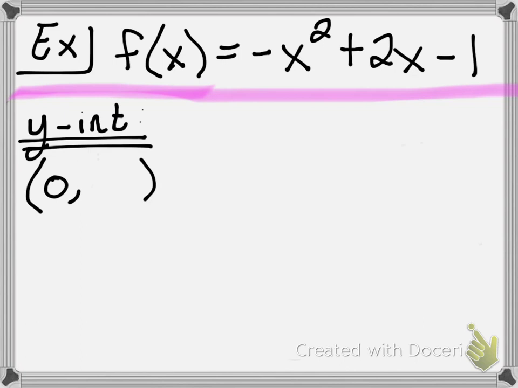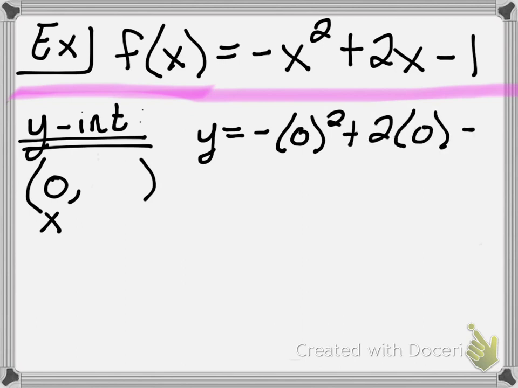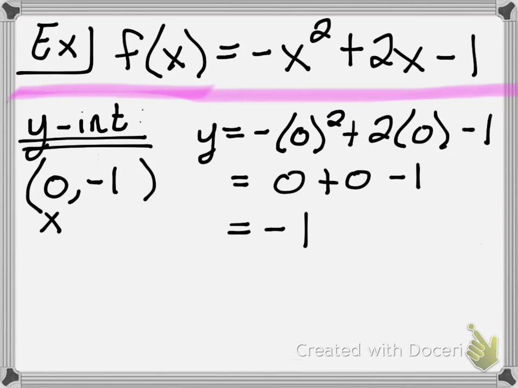So, since we know our x value is 0, we're just going to substitute that. Now, after figuring all this out, we get 0 plus 0 minus 1. So if x is 0, our y value is negative 1, and that is our y-intercept right there.